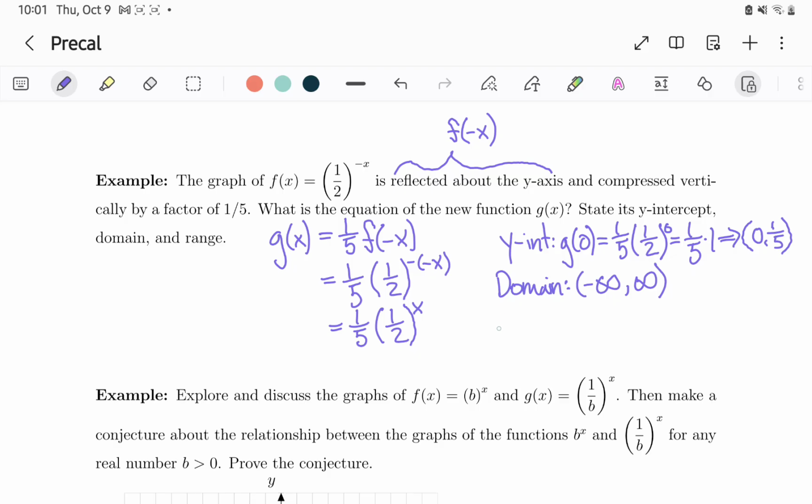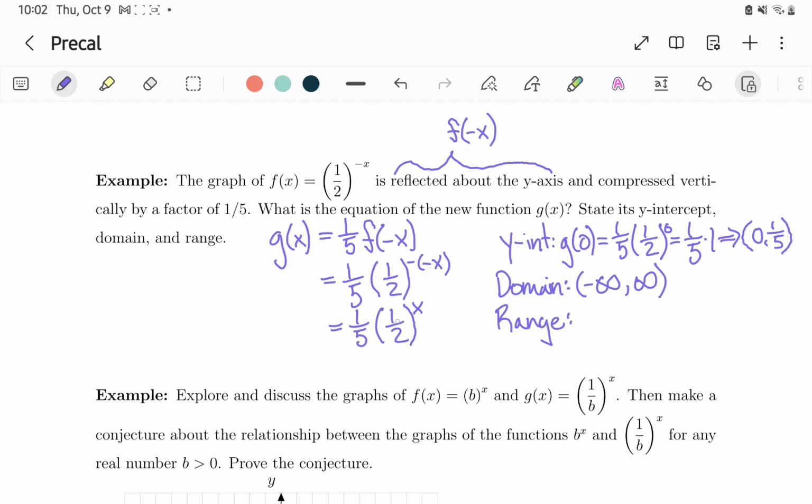And the range, well, 1/5 times 1/2 to the x is always positive for any real value of x. And so the range is going to be some interval that is greater than 0 or has at least 0 as its left endpoint.